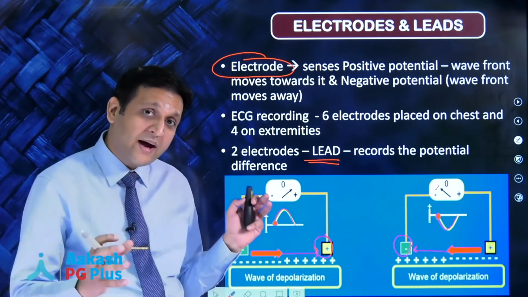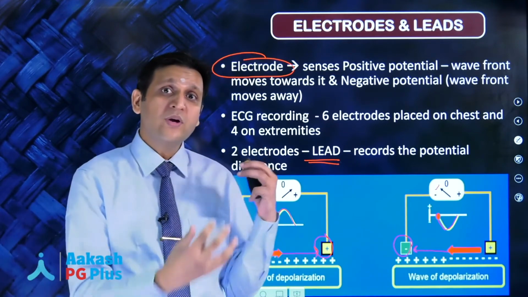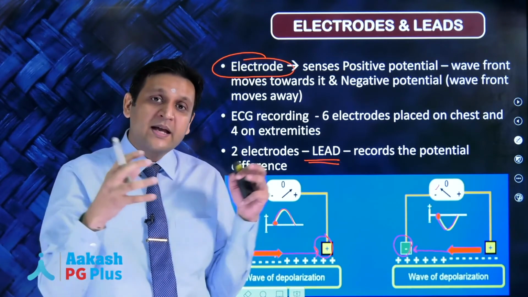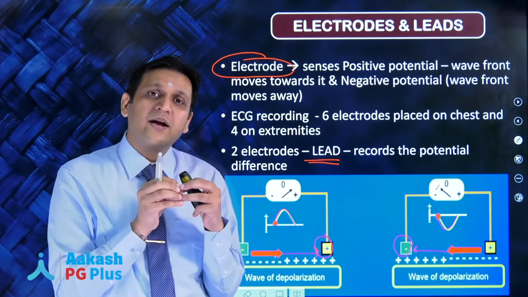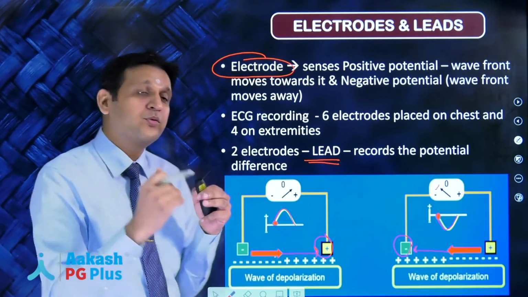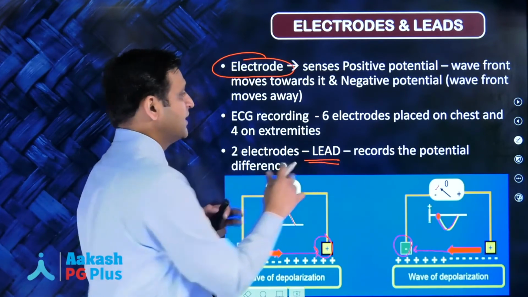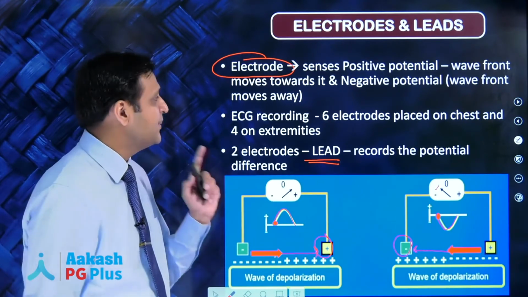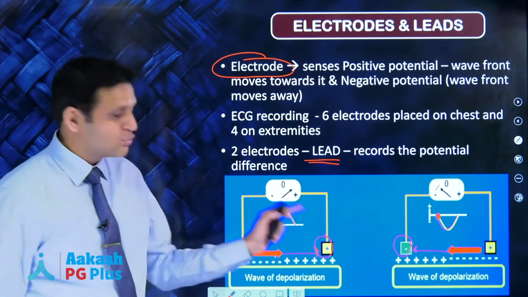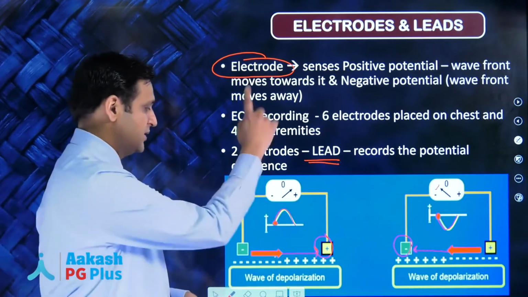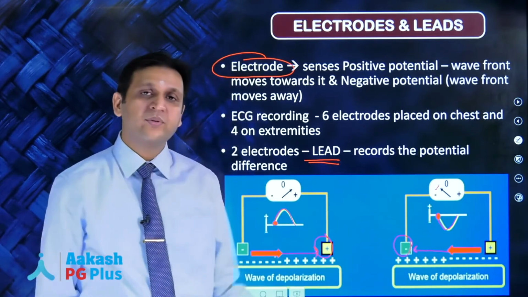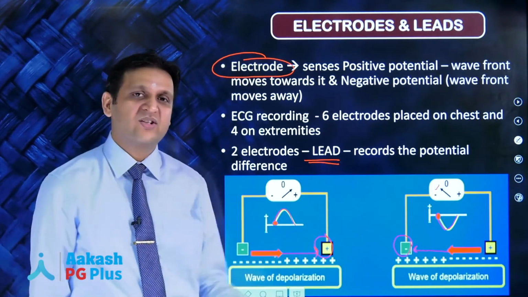Two, when impulses from two electrodes go to the ECG machine, data from two electrodes are combined to give a common data through a lead. So two electrodes' potential is converted into a lead, right? The third basic point is anything that moves towards a positive electrode gives a positive deflection. Anything that moves towards a negative electrode, or away from the positive electrode, gives a negative deflection.